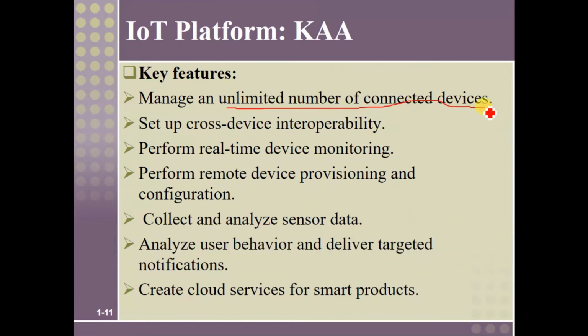If you have a number of interconnected IoT devices, a platform like KAA is used to manage the connection among the different devices. They also set up cross-device interoperability. This paves the way for different devices to work together, to be interoperable, meaning to work harmoniously.